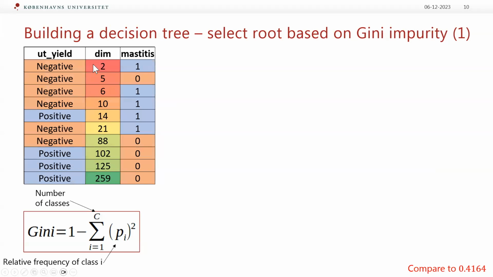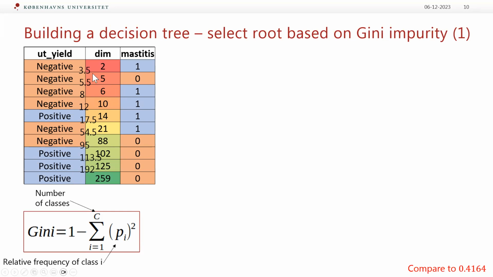And then we need to calculate the mean value between each set of two consecutive observations. So the mean value of 2 and 5 is 3.5, the mean value of 5 and 6 is 5.5, and so on.